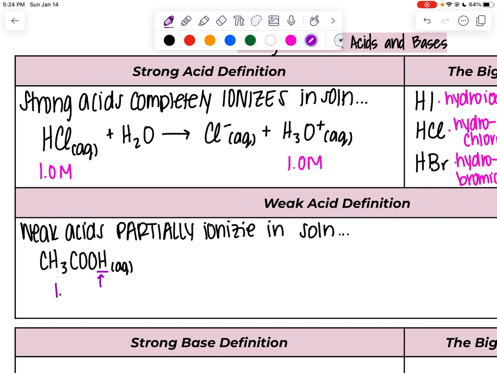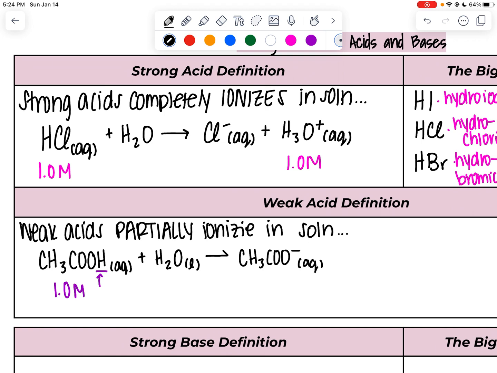So let's say you have a weak acid solution of like 1 molar acetic acid. You take this thing and you react it with water. You just try to dissolve it into water. So not everything here is going to ionize. So what we would say is some of the acetic acid is going to ionize in solution to form the acetate ion and the hydronium ion.